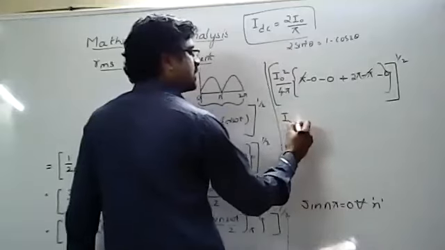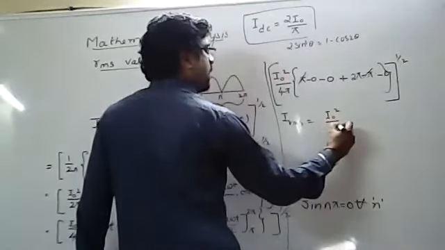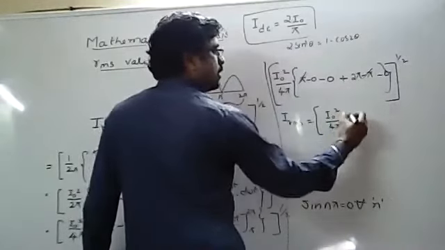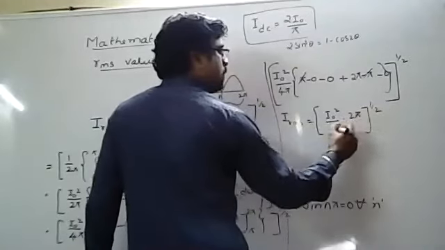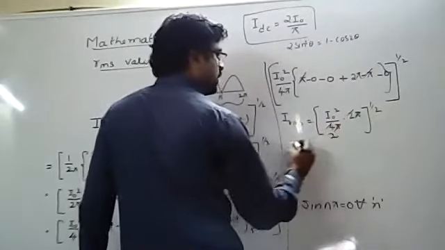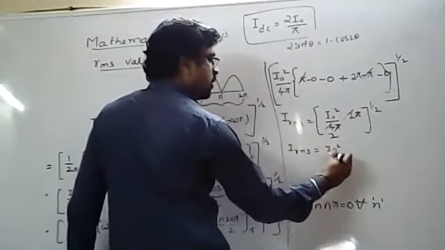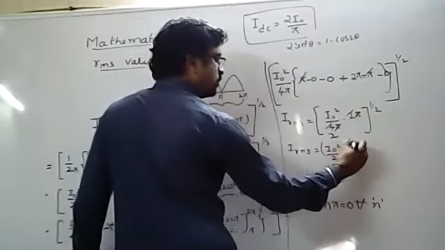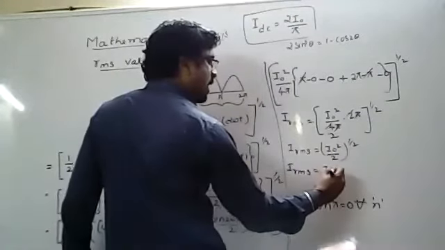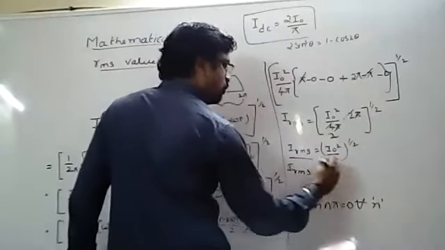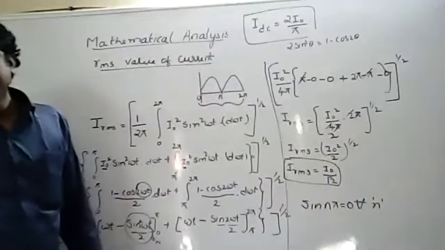So IRMS is equal to I naught square by 4 pi, remaining is 2 pi under root. Pi cancel, 2 cancel. So IRMS is equal to I naught square by 2 under root. That can be written as I naught by root 2.